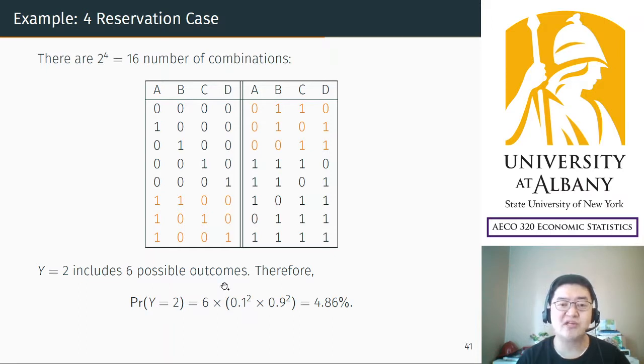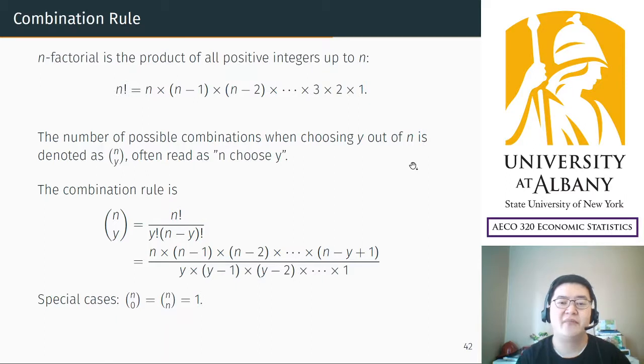I am going to generalize this pattern and give a formula. Frankly speaking, it's really difficult to tell you the intuition behind it. It may take another hour just to explain why we get to this rule. The formula is called the combination rule.